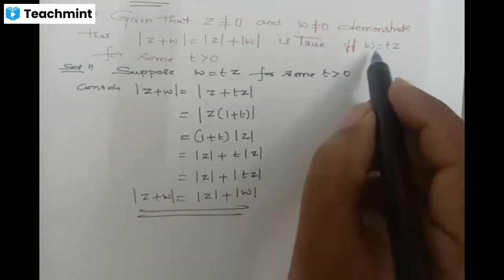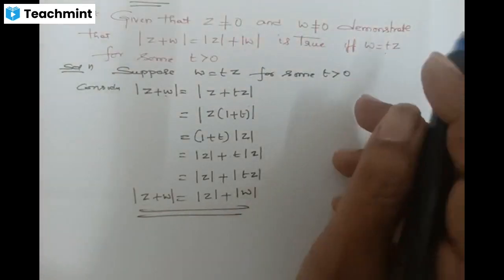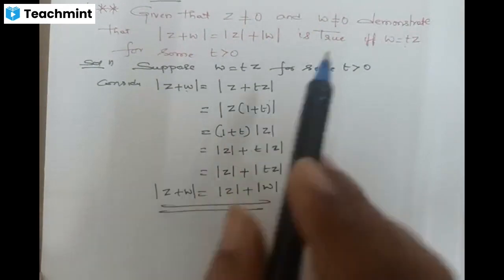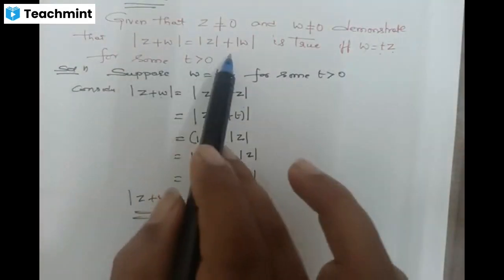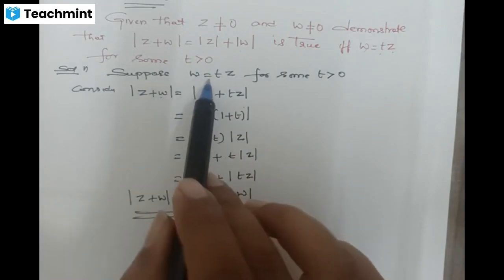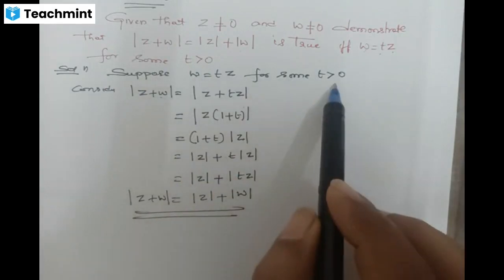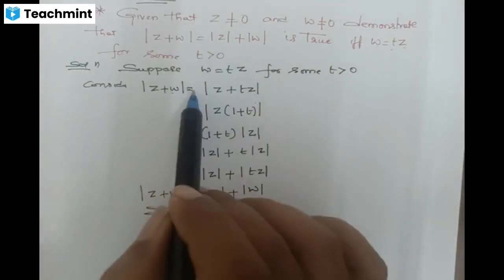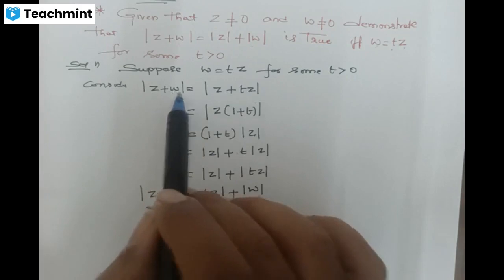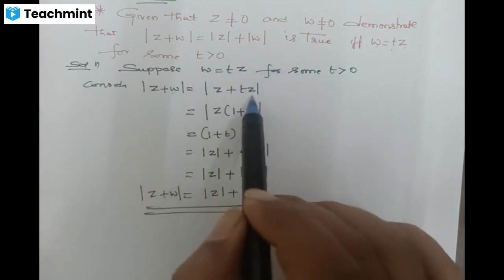So when w is equal to tz. Okay, so in the if and only if condition, first I take w as equal to tz and I prove that LHS is equal to RHS. Suppose w is equal to tz for some t greater than 0, meaning it's a real number. Consider modulus z plus w. Here z plus w is equal to z plus tz.